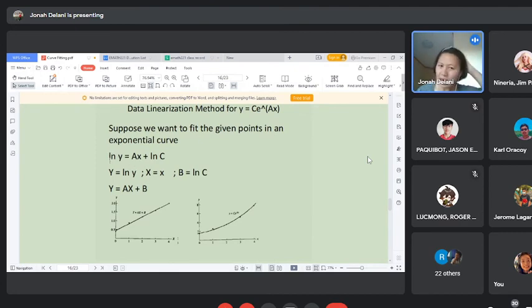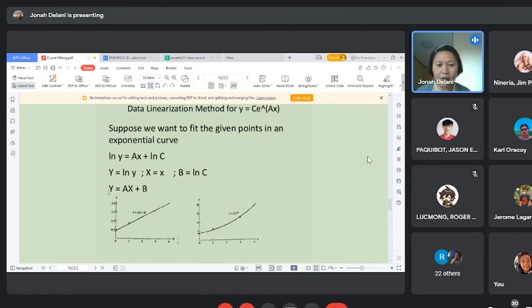So we would have ln y equals ax plus ln c. Here, the y becomes ln y. Then we have x, which remains, and our b is equal to ln c.